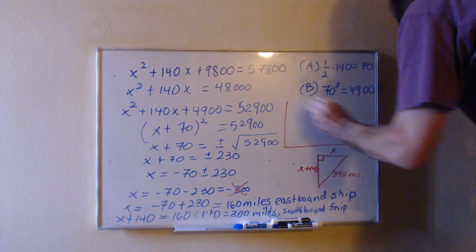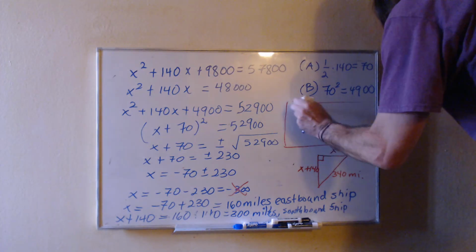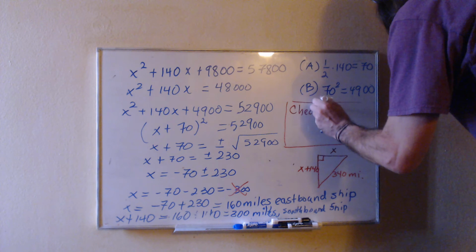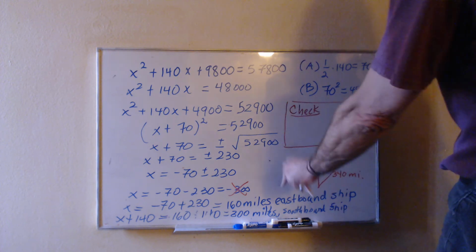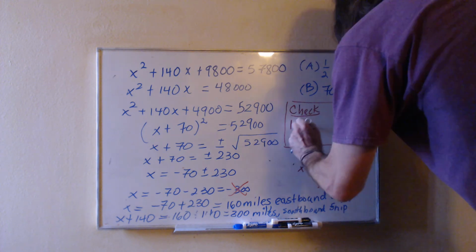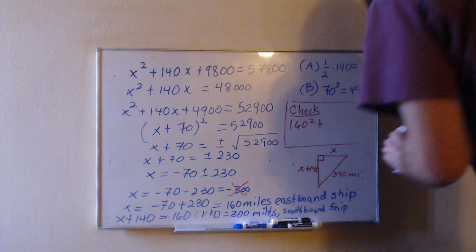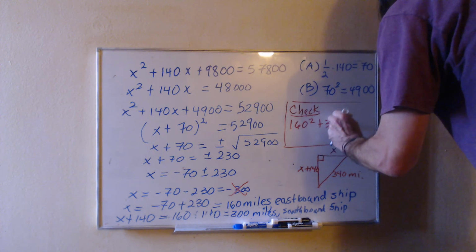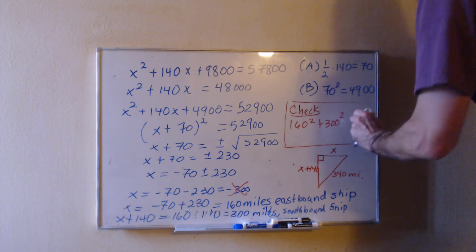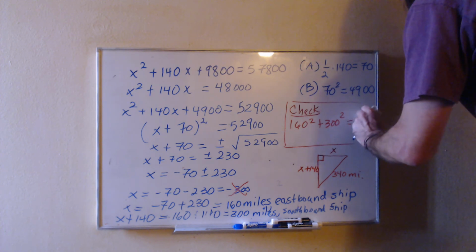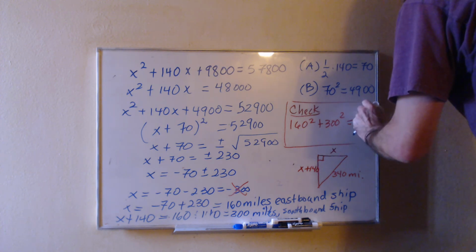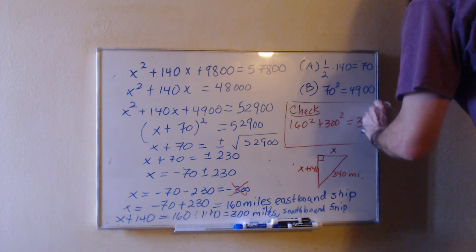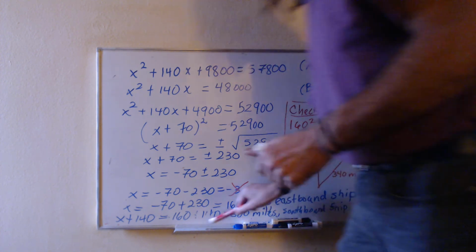So, as a check, you could make sure that 160 squared plus 300 squared, do the squaring first and then the addition, does that actually equal 340 squared?